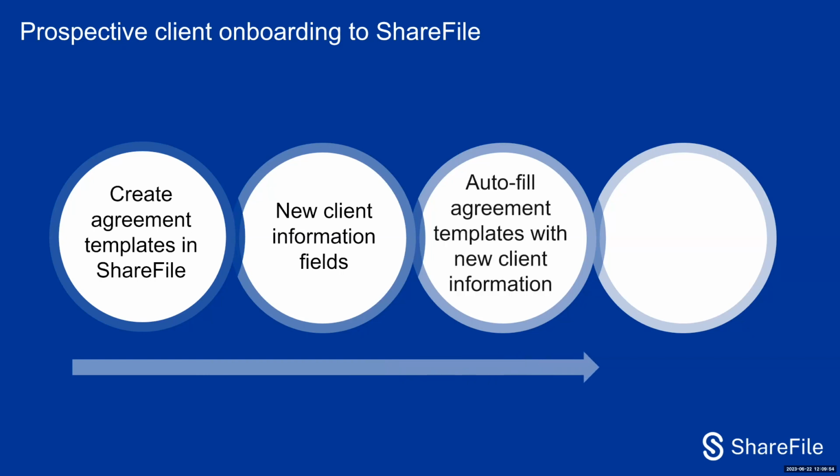And then the prospective client workflow is I'm going to be able to autofill that pre-built signature template with the new client information fields. So now my agreement templates are personalized and it's a lot faster than me manually typing into merge fields like I was doing before.